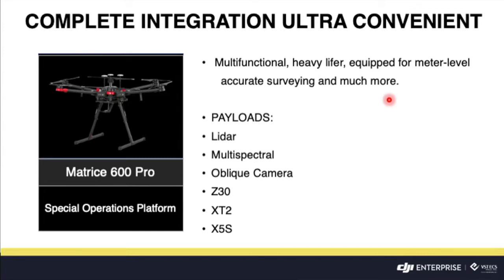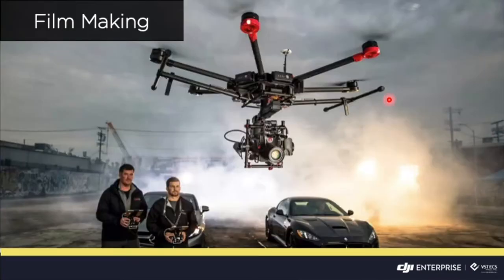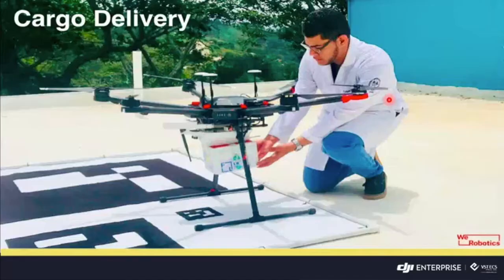So for a sample use case for filmmaking, you can use a high-definition camera and attach it to the drone. And another sample is for cargo delivery. For example, you need to deliver and get some medical samples from highly mountainous areas with indigenous people, and the road is very inaccessible because of its terrain.